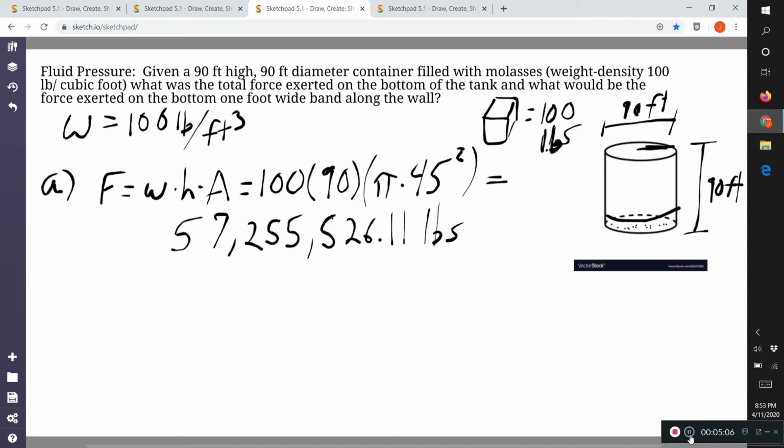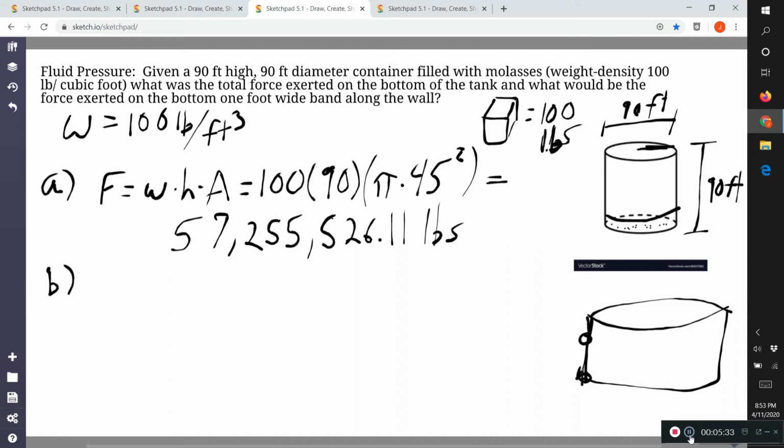So, what about the bottom 1 foot band? Well, this gets a little bit tricky because if I'm gonna blow that up, I'm gonna draw a bigger picture. Let's imagine that this is only 1 foot thick total, though. So the height of the liquid exposed to this part of the band is different than the height of the liquid exposed to that part of the band.